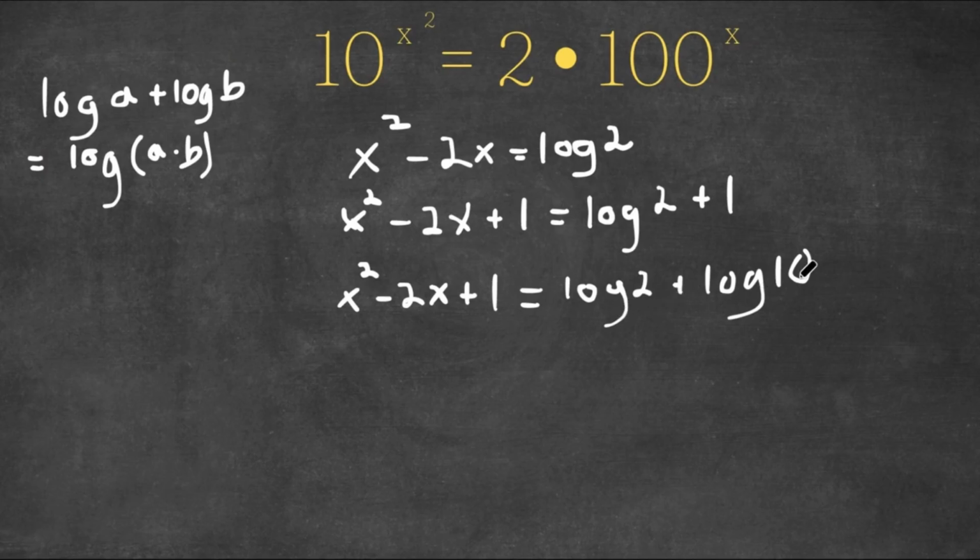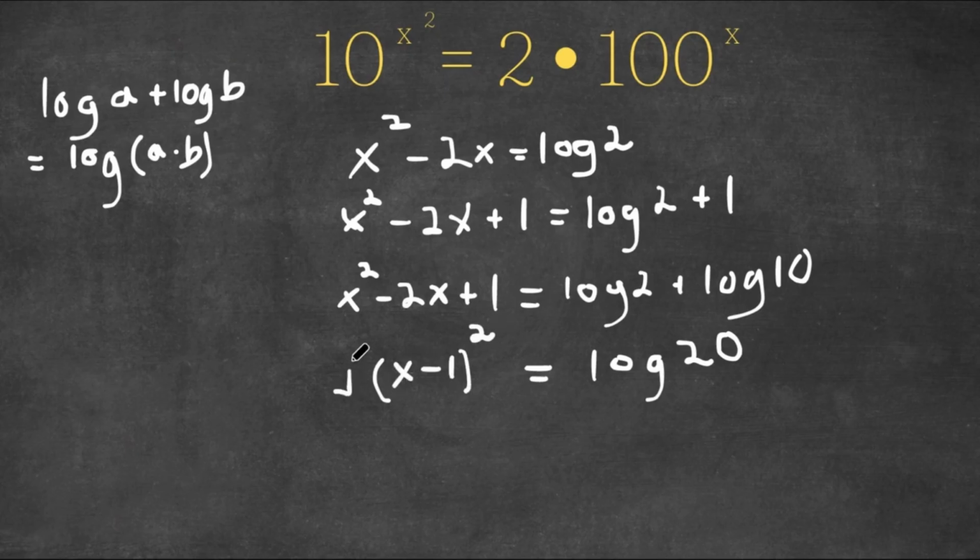So log 2 plus log 10 would equal log 20. This is equal to x squared minus 2x plus 1, which can be written as x minus 1 squared.